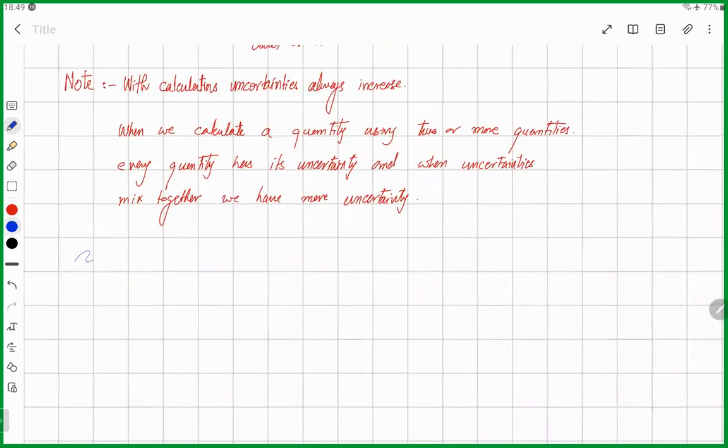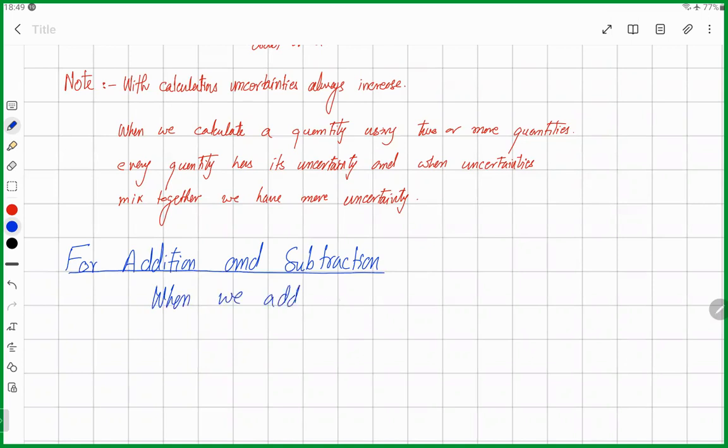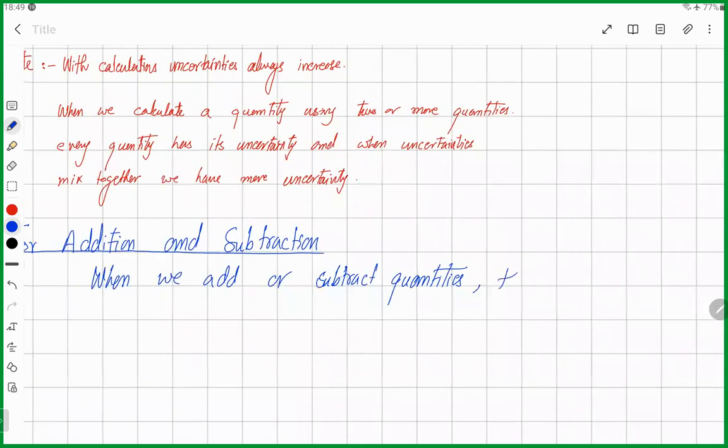So here are some rules for absolute uncertainty. For addition and subtraction, when we add or subtract quantities, their absolute uncertainties are added.